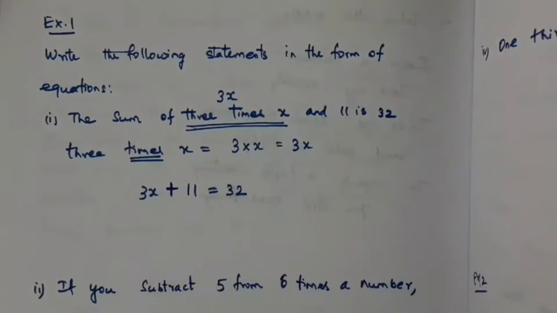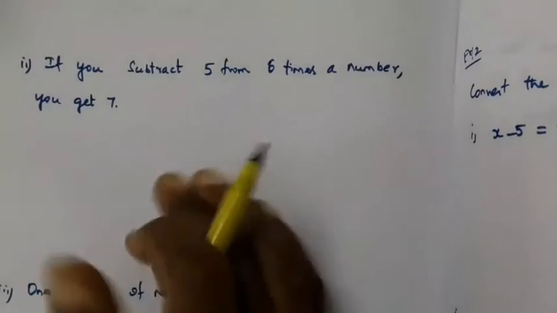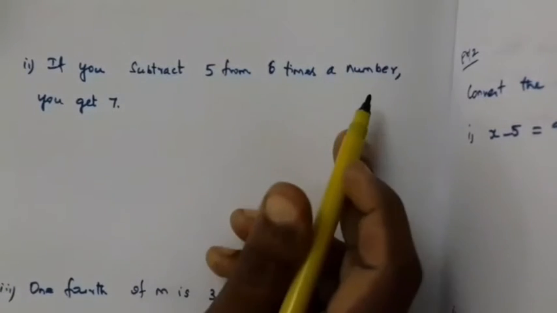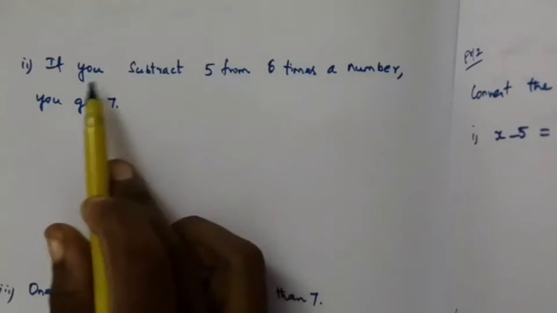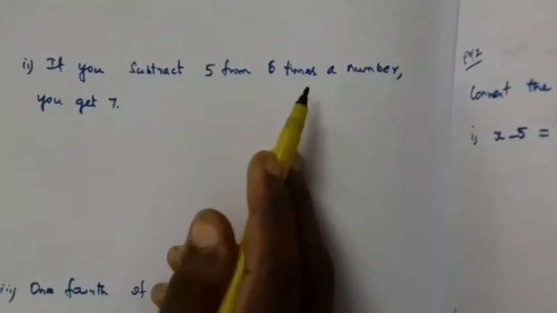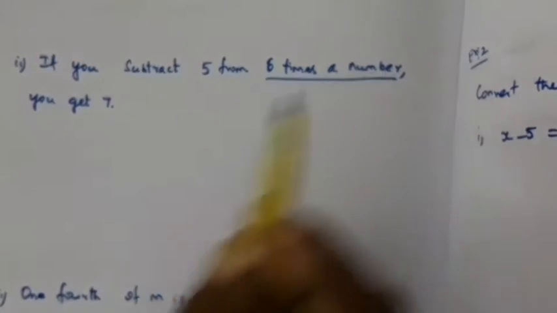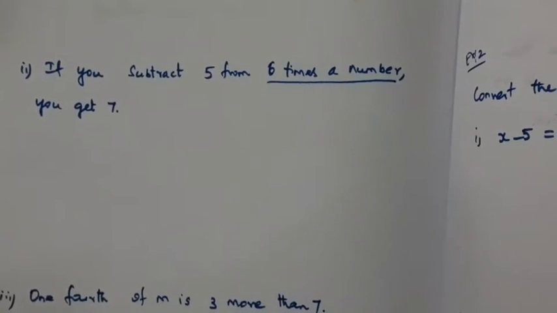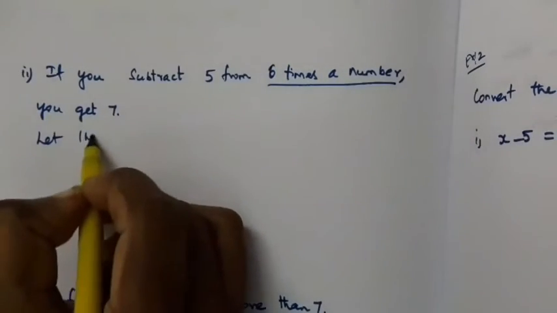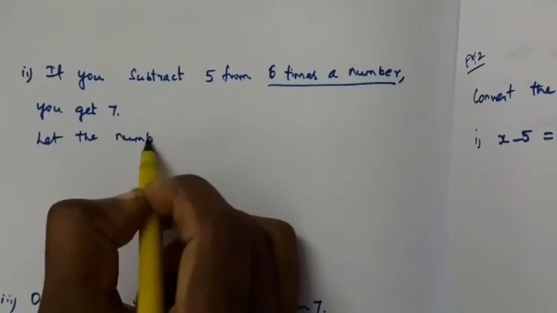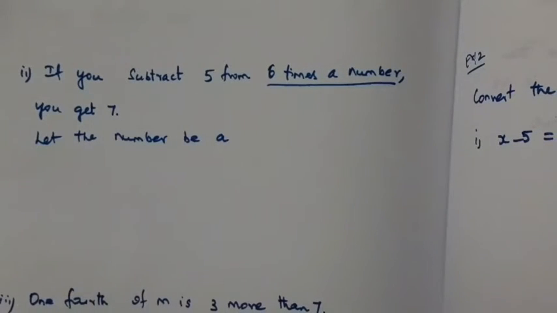Okay. The next, if you subtract 5 from 6 times a number, you get 7. So first you have to find what is this 6 times a number. The number is not given here, so let the number be a. You can take any variable.